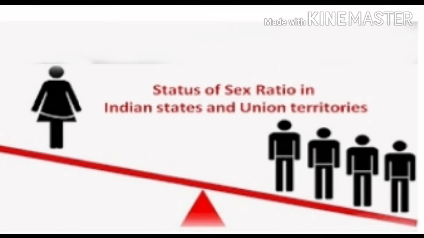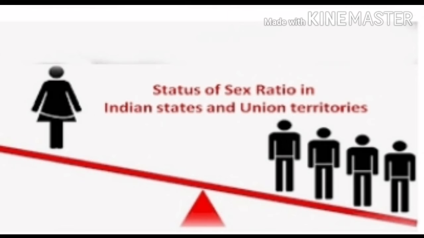Next feature of population is sex ratio. Students, what is sex ratio? Yes, sex ratio is the number of females per thousand males. So, the sex ratio gives the relative number of males and females in the population. It is expressed as the number of females per thousand males.